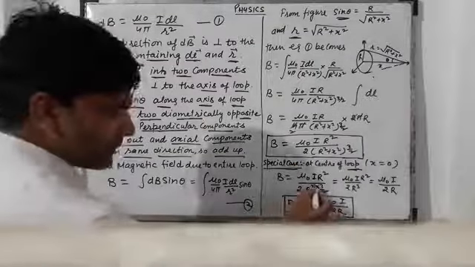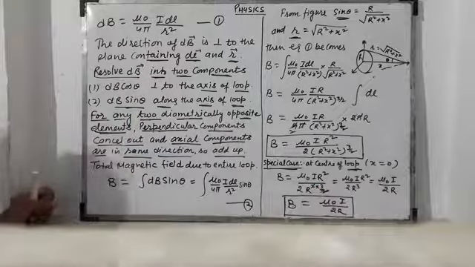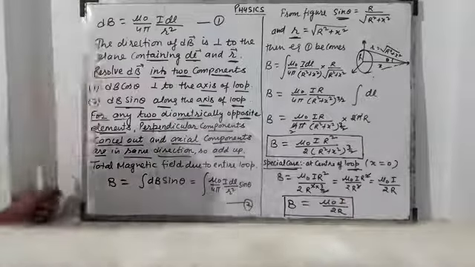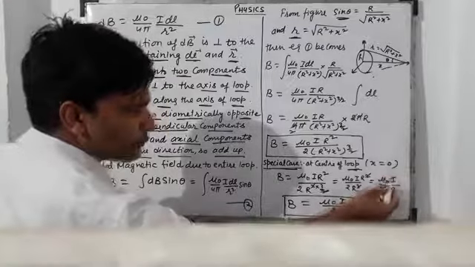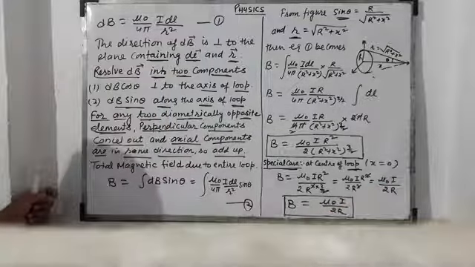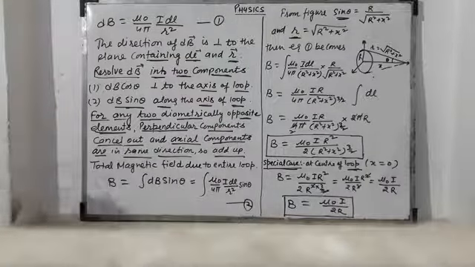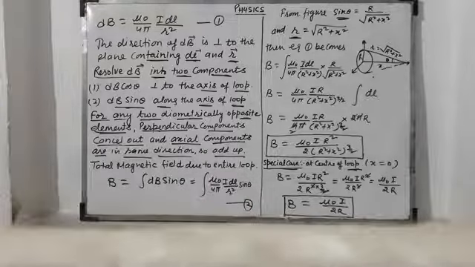Then by cancelling 2 we get mu naught I R square upon 2 R cube. Two powers are cancelled out, only R is left. So B is equal to mu naught I upon 2R. This is the magnetic field at the center of the circular loop.